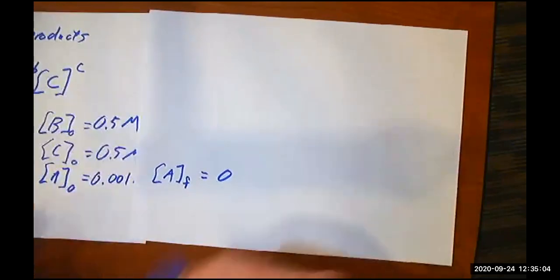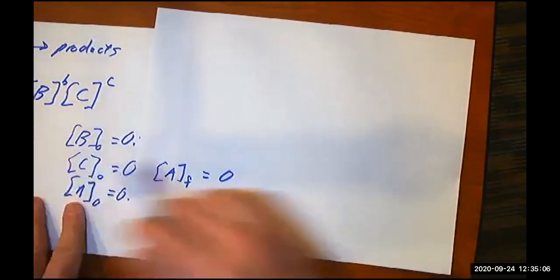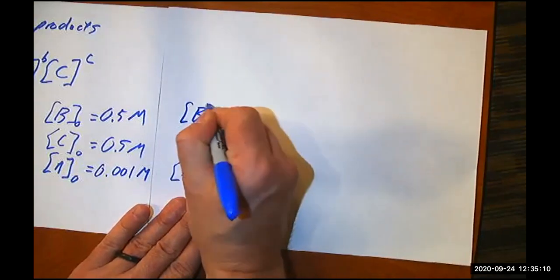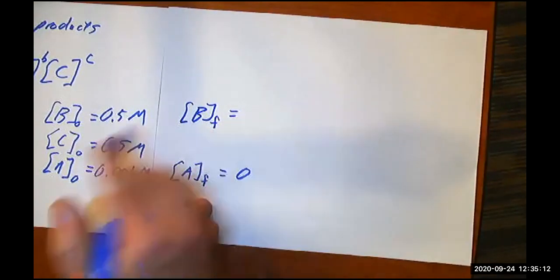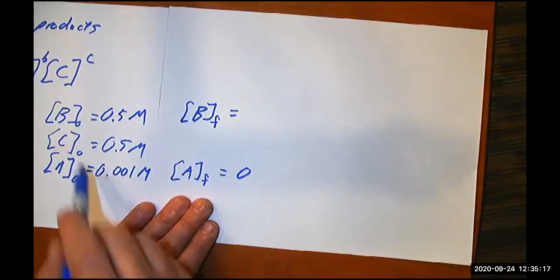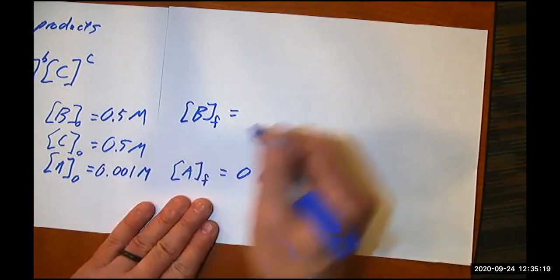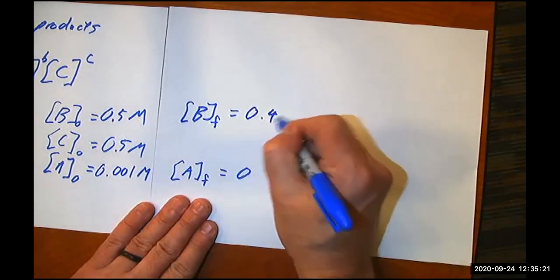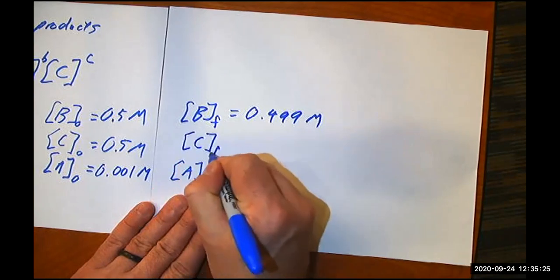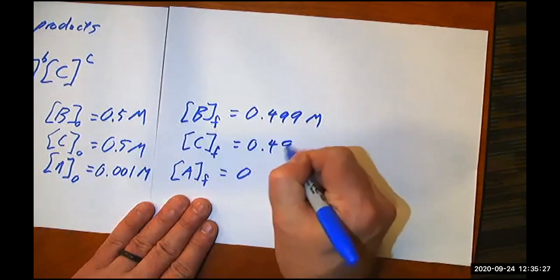And of course, obviously you would modify this if it was a stoichiometry different from what you have there. So we know that the concentration of B final is going to be 0.5 minus 0.001, because that's how much B will react away. So that's 0.499 molar. Concentration of C final is going to be 0.499 molar.